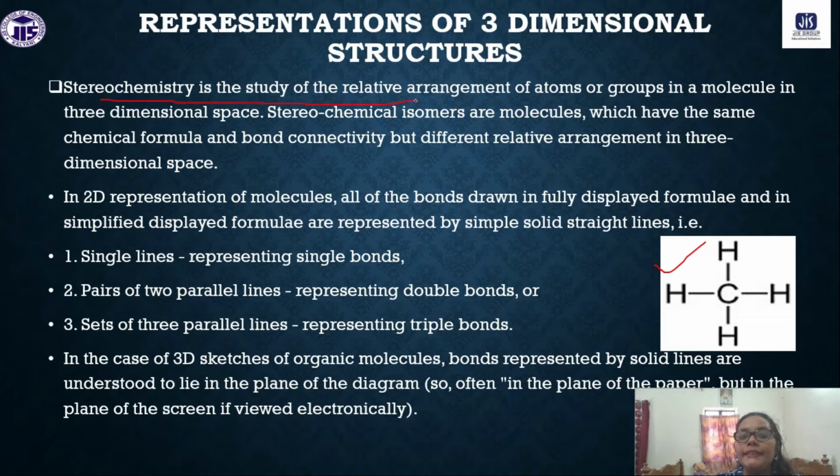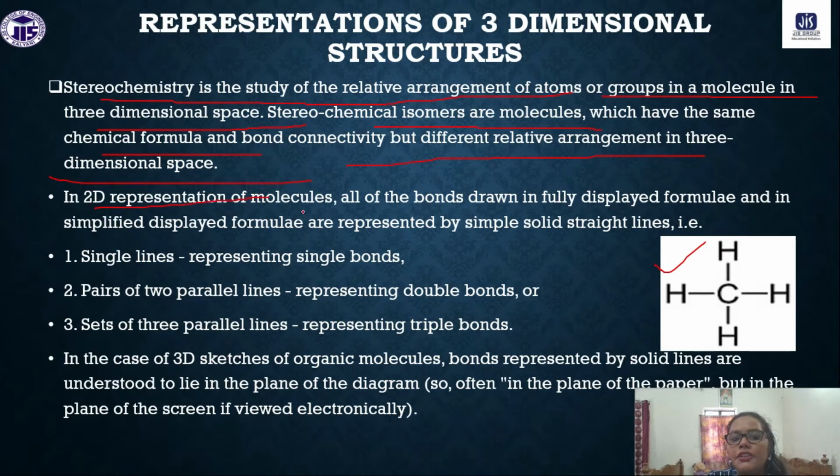Stereochemistry is the study of the relative arrangement of the atoms or groups in a molecule in three-dimensional space. Stereochemical isomers are molecules which have the same chemical formula and bond connectivity, but a different relative arrangement in three-dimensional space.